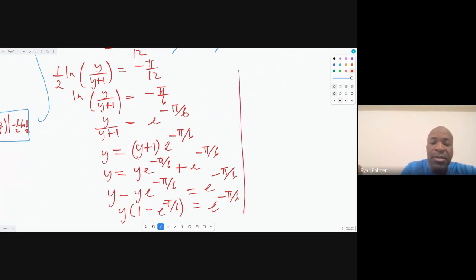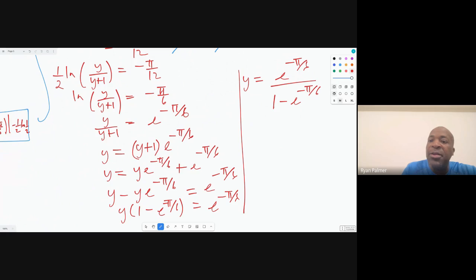Therefore y is equal to e to the minus pi by 6 divided by 1 minus e to the minus pi by 6.